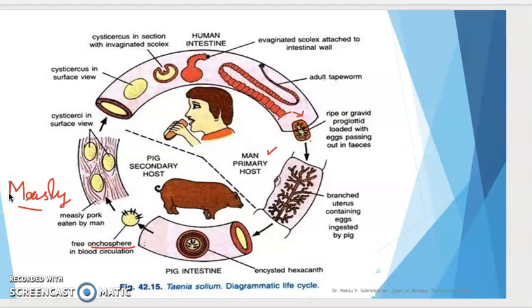In the involuntary muscles of the pig, this hexacanth embryo uses its hooks, and soon it grows into a fluid-filled bladder-like structure known as a cysticercus or a bladder worm.